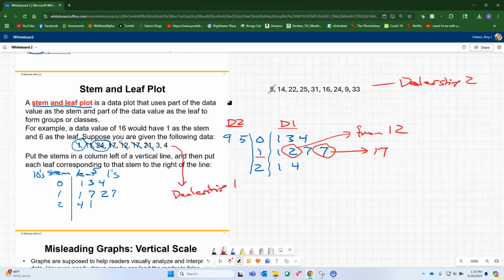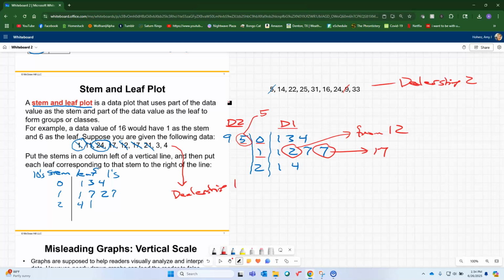So this 5 means 05. This 9 means 09. And that is in order because the smallest number is towards the stem. So this 05 is the smallest value.